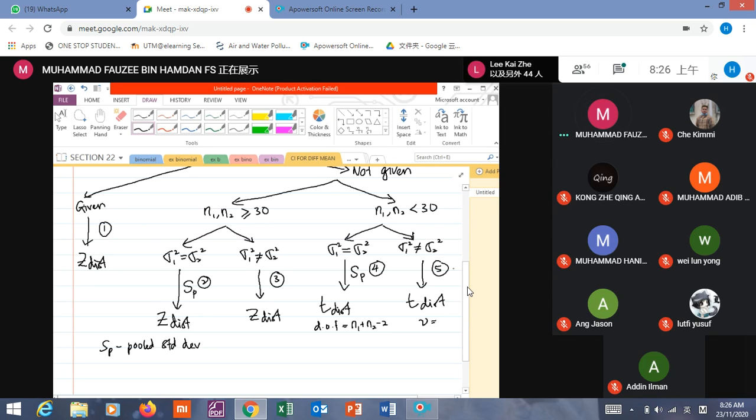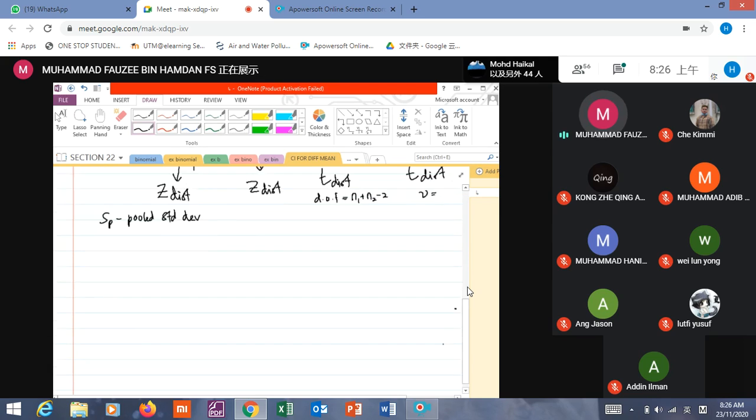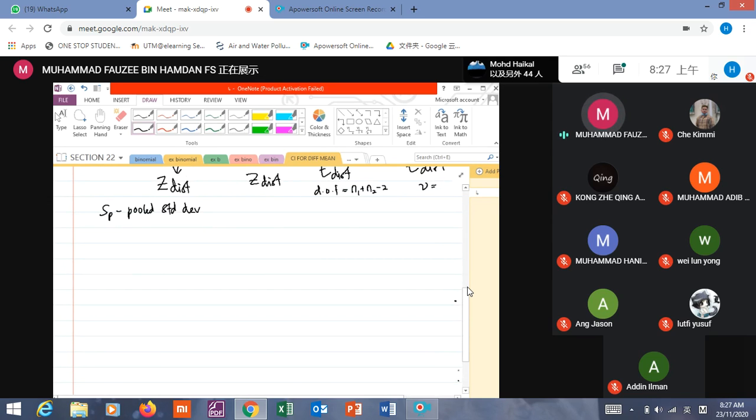Now, all of you, look at the list of formulas in your statistical table. Observe the list of formulas. How many formulas contain Z or T with mu1 minus mu2?